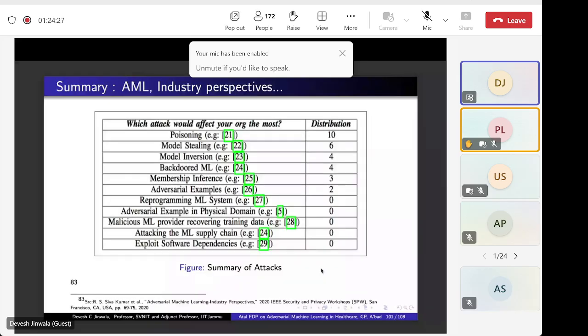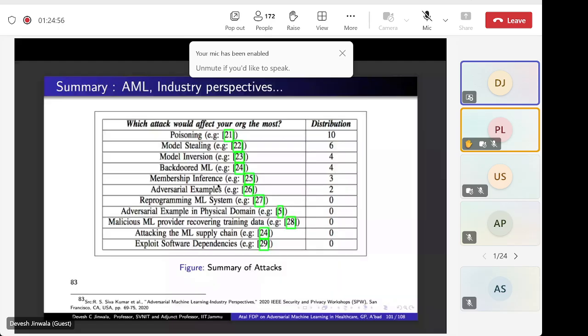They also took examples from the perspective of the industry: which attack influenced a particular organization the most, in terms of distribution on a scale of 0 to 10. So you could see different things mentioned there: poisoning, model stealing, or inverting a model, or inserting some backdoor into the ML model, inferencing from the membership inference, or generating adversarial examples.